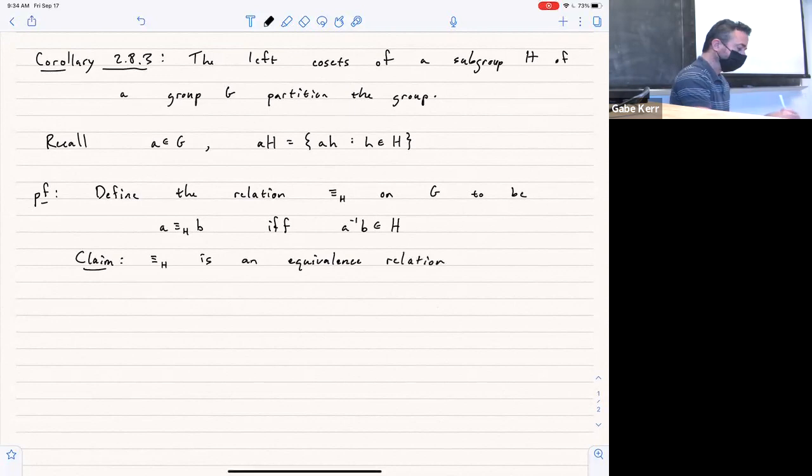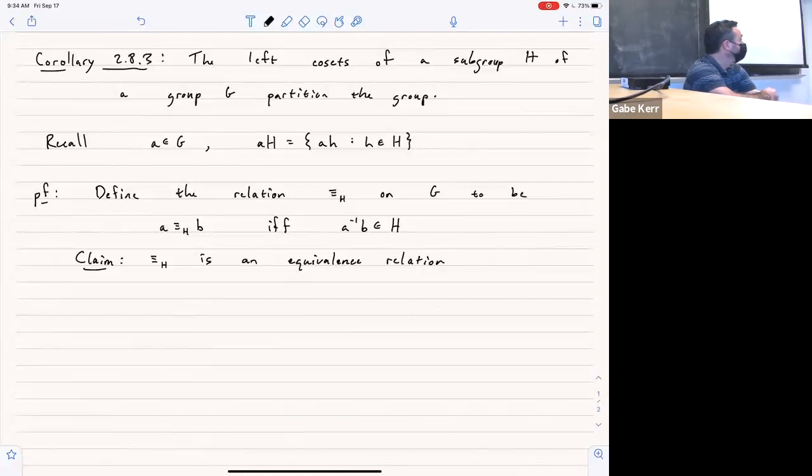So what do we need to show? The first property is reflexive. We need to show that something is equivalent to itself.